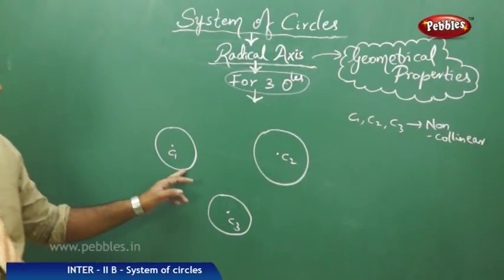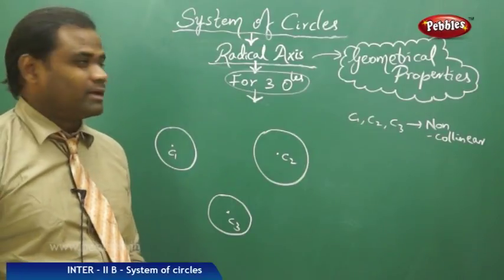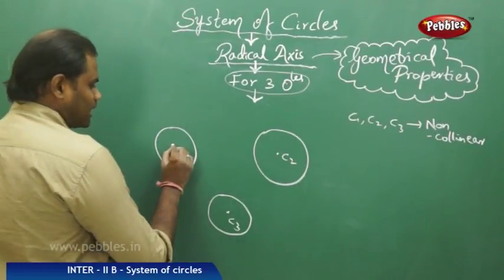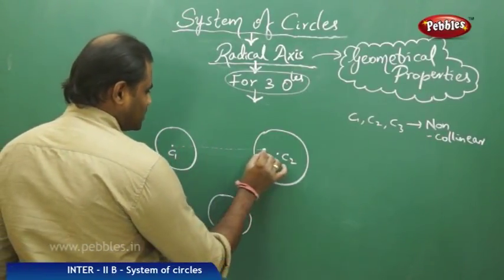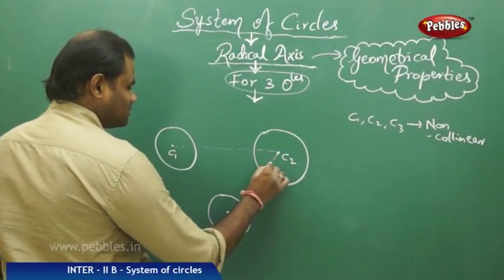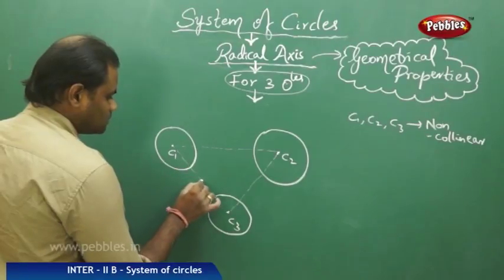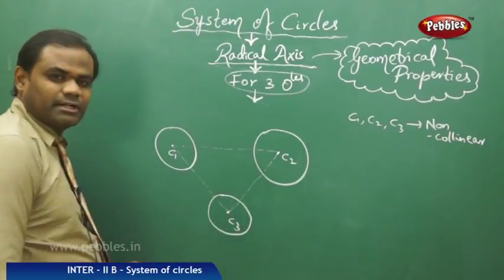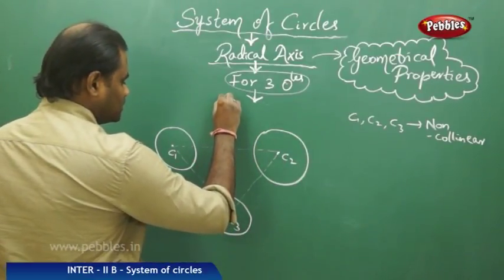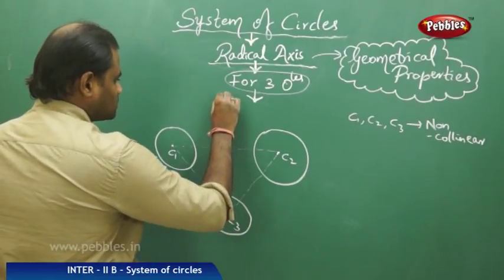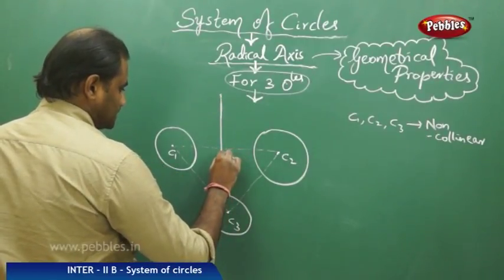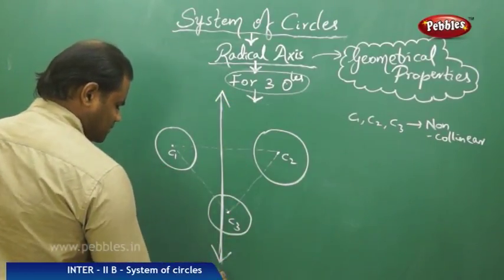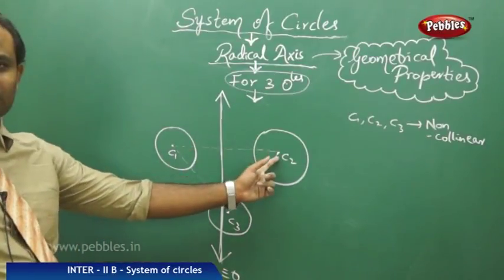So when the three circles with centers C1, C2, C3 are non-collinear, the radical axis shows one of its most important geometrical properties. If I draw the radical axes, the radical axis of C1 and C2 is exactly perpendicular and in the middle, which comes out to be this. This is the radical axis L1 of C1 and C2.